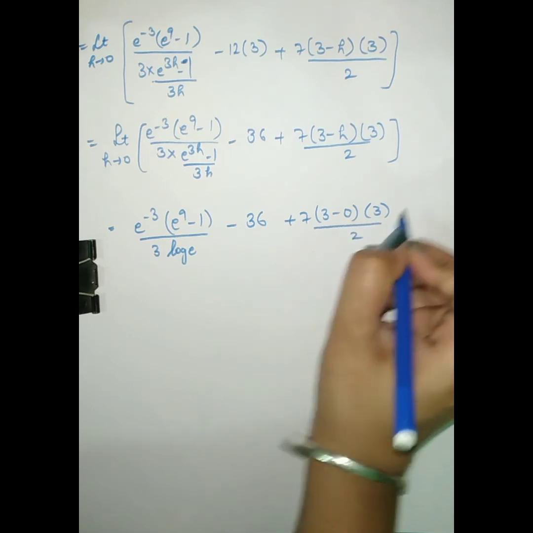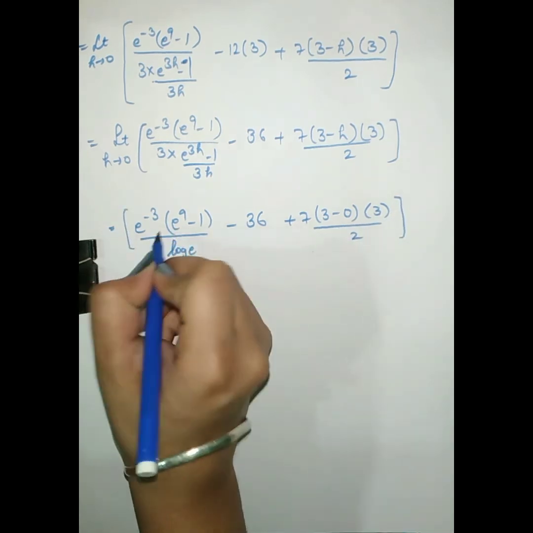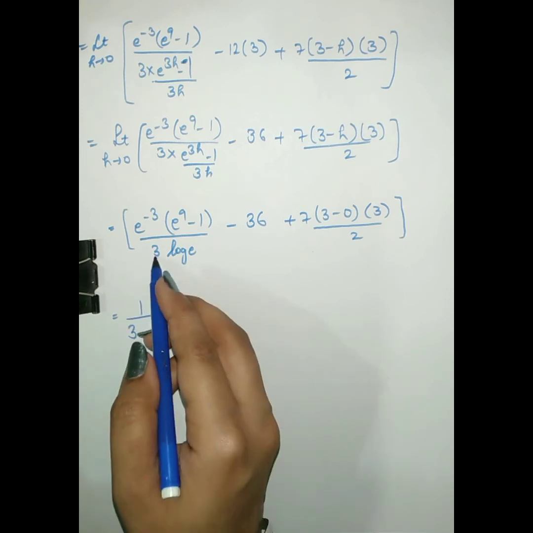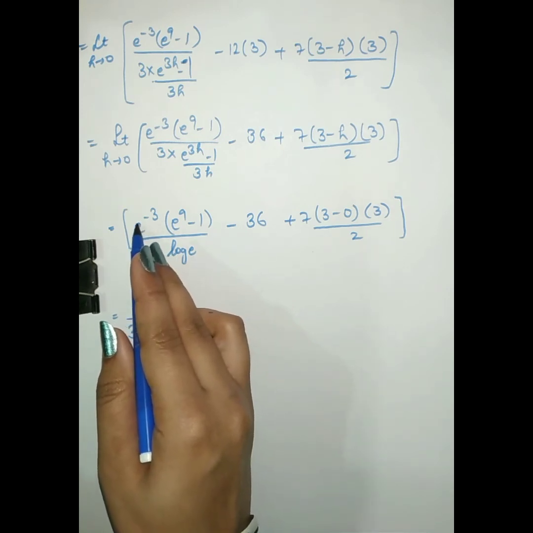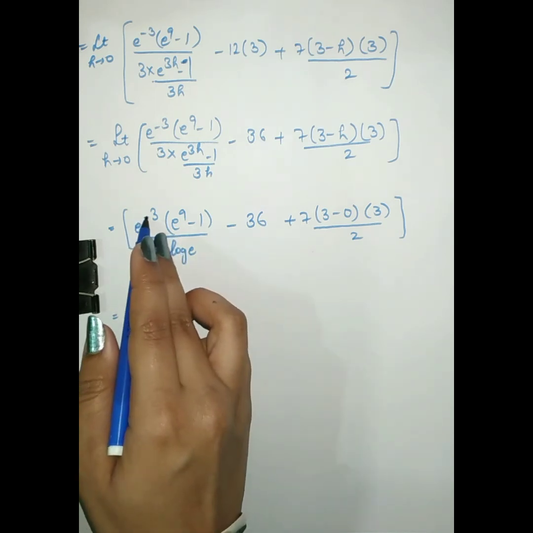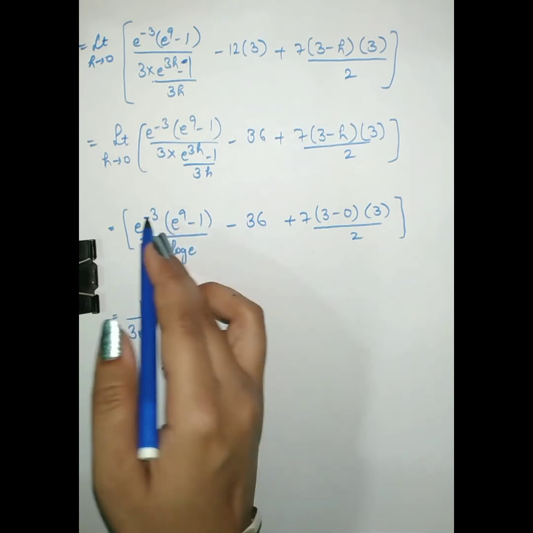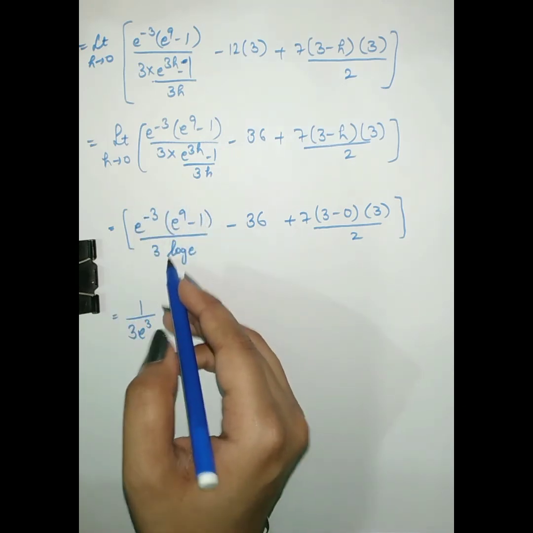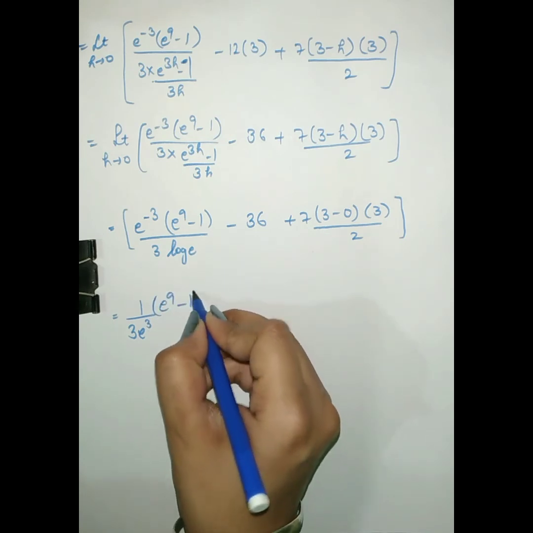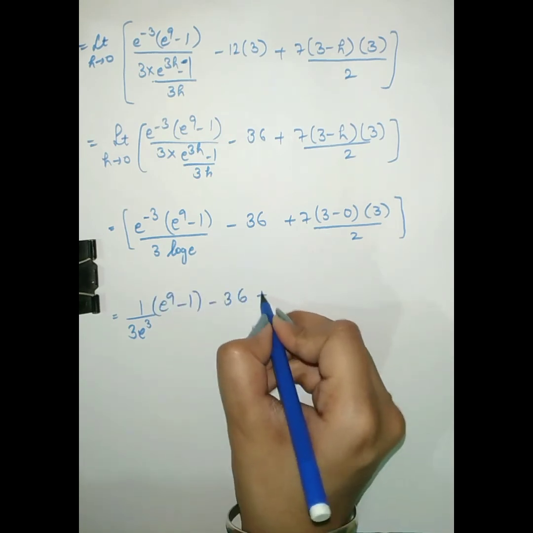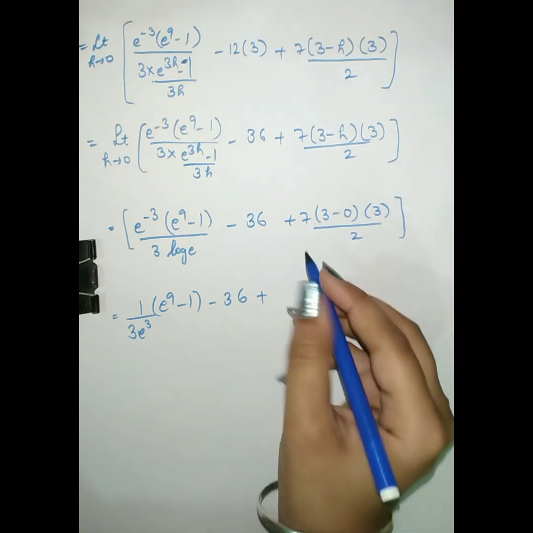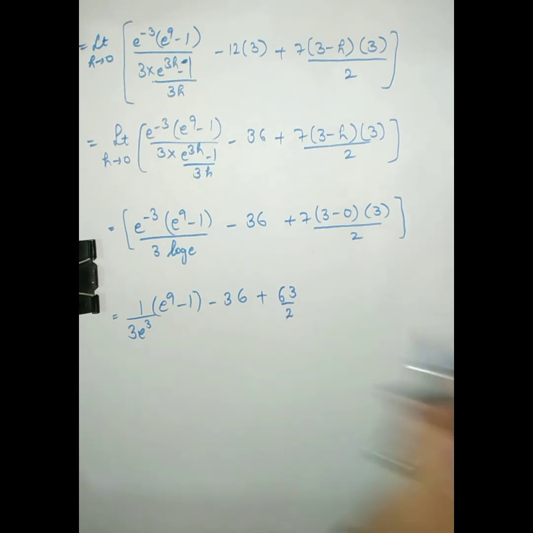That means it will become 1 upon 3, and from numerator to denominator it will become e raised to the power 3, because the power going from numerator to denominator becomes positive, into e raised to the power 9 minus 1 minus of 36 plus it will become 21 into 3 upon 2. That means 63 upon 2.